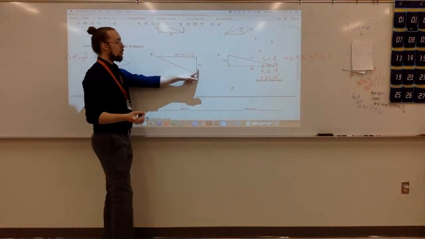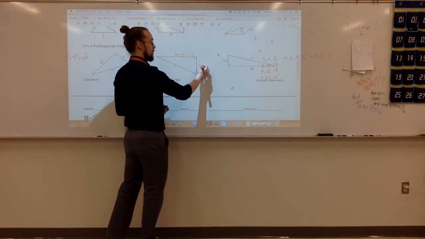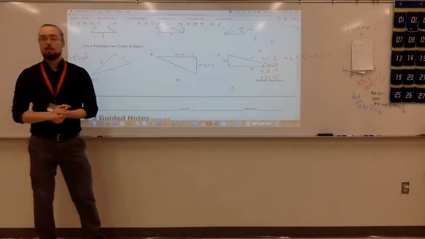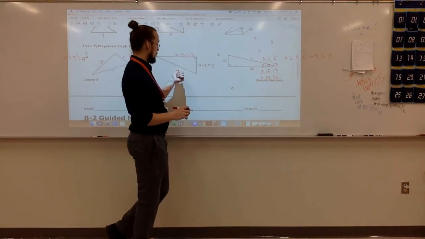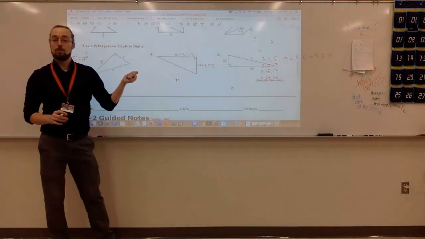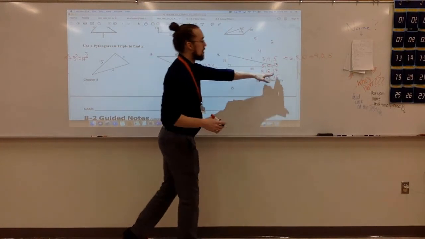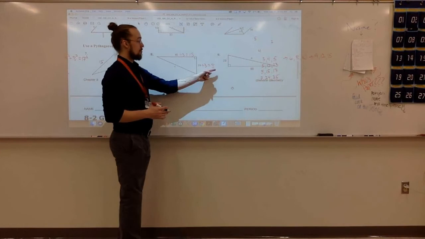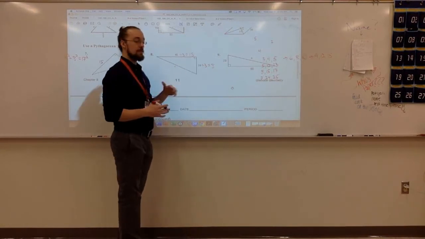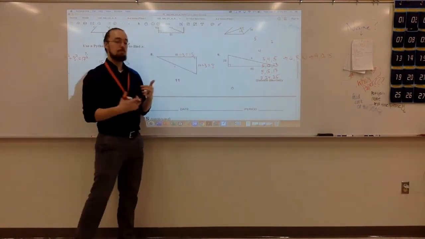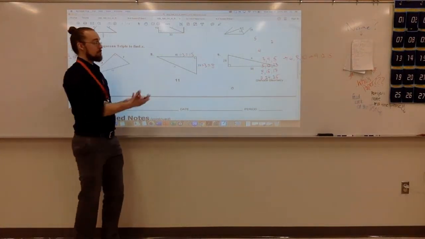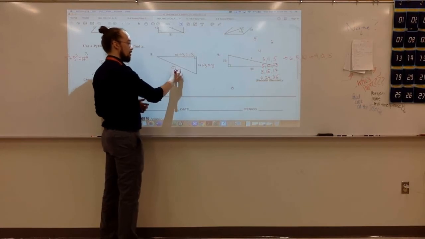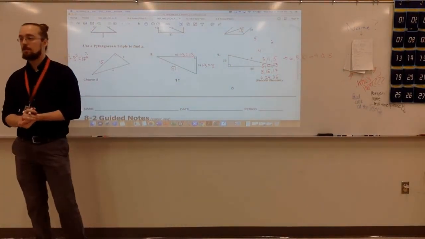If I take 24 and divide it by 3, that would be 8. Since this fits the 8, 15, 17 pattern, those numbers are just multiplied by 3. So my hypotenuse here would just be 17 times 3, or 51. Okay?